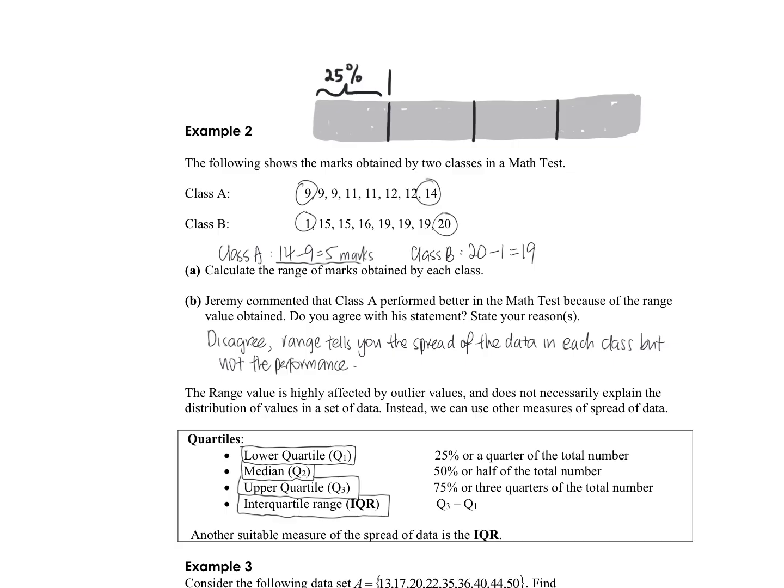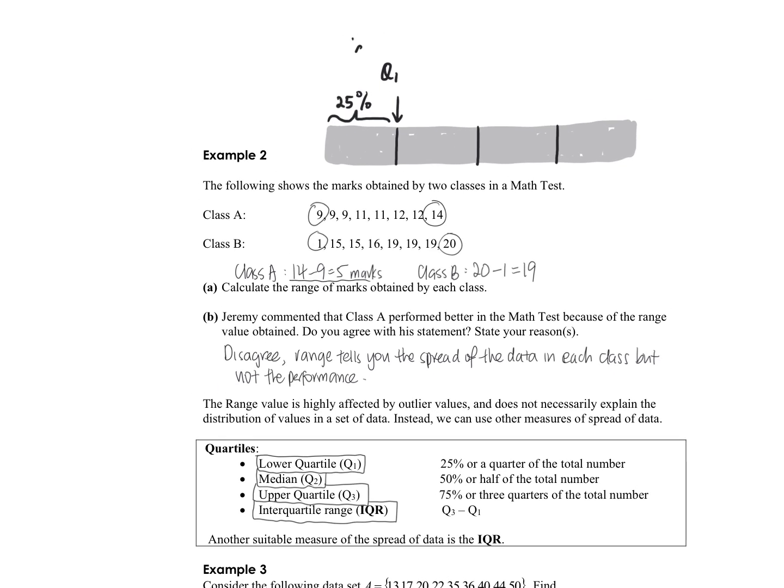So this mark here, I call it the lower quartile. My first 25% of the people, or the lower 25%. And then this mark here, I call my upper quartile.